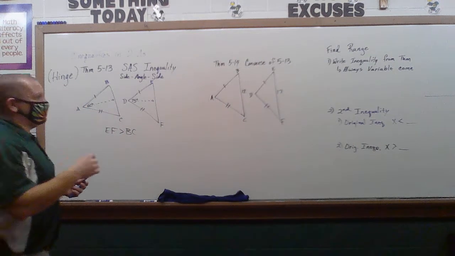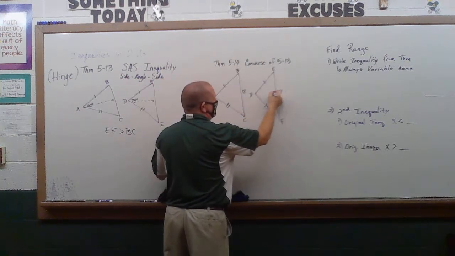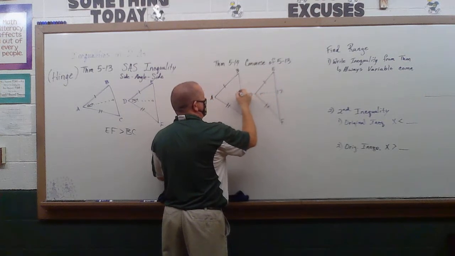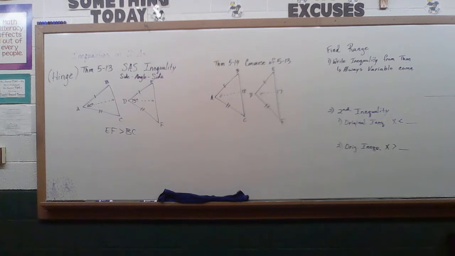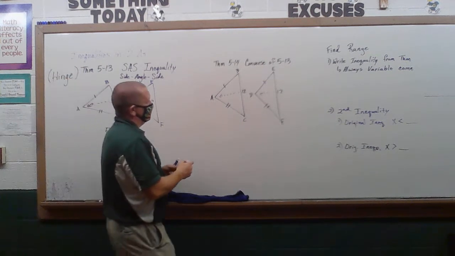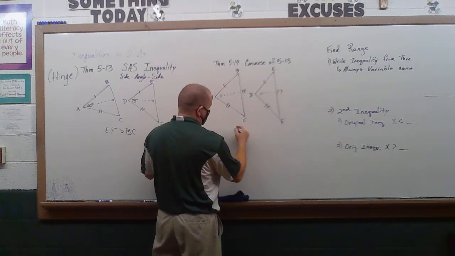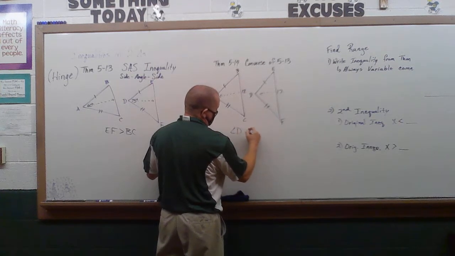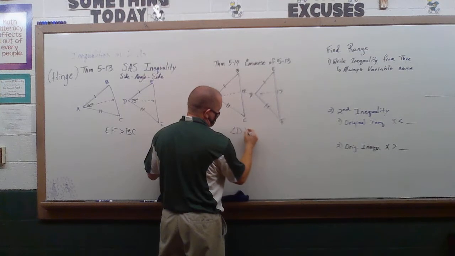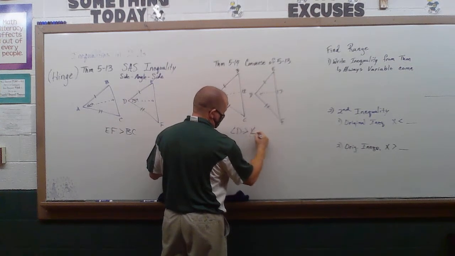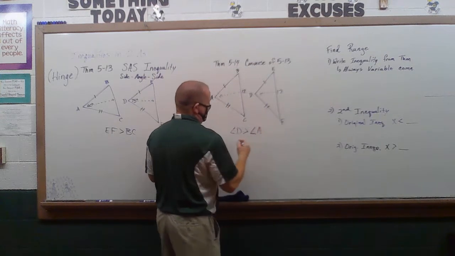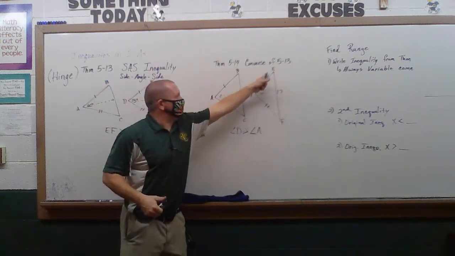So now we're going backwards because we're using that third side, and we're going to talk about that angle right over there, and that angle right over there. So we would say in this case, angle D is greater than angle A. And Aiden said it with 3 letters.